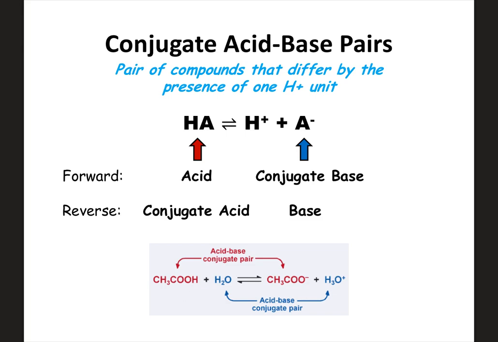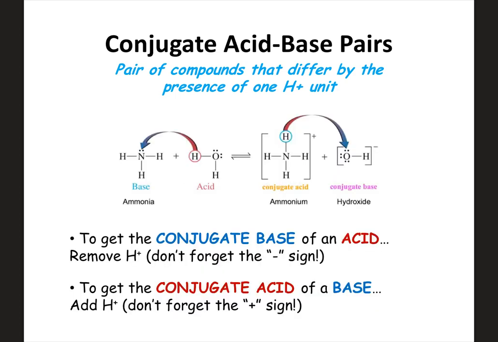And really the only difference is you're losing or gaining an H plus for most of these examples. The basic gist of these conjugate acid-base pairs: if you want to get a conjugate base of an acid, just remove an H plus. But don't forget the minus sign here. If you're removing an H plus, what's left now is going to be minus. So that's very important.